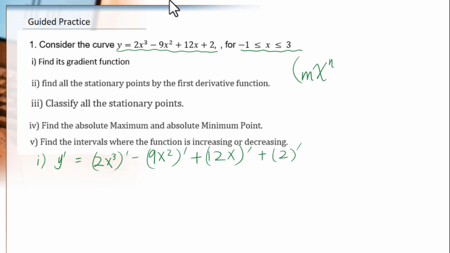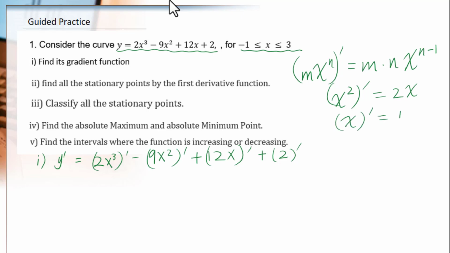M times x to the nth power prime equals m times n x to the n minus 1th power. X squared prime equals 2x. X prime equals 1. Constant number prime equals 0.